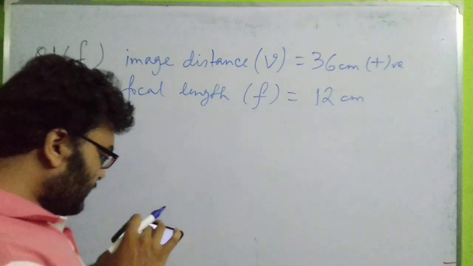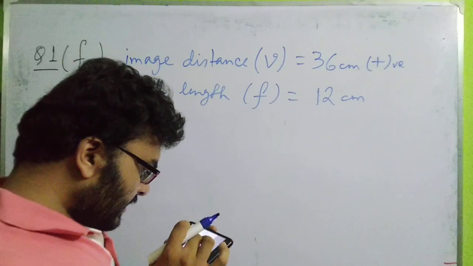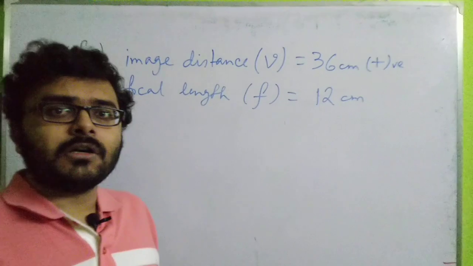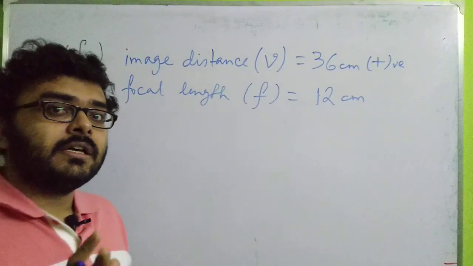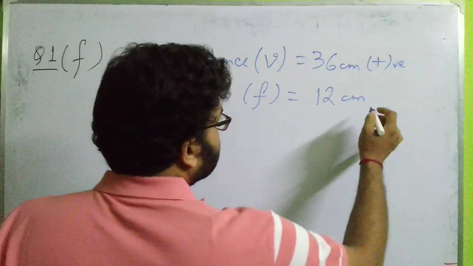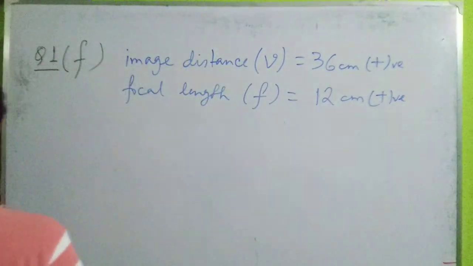As the image is being formed on the right side and it is an inverted image, you can say that real and inverted images are always formed by a convex lens. Convex lenses have a positive focal length. So remember this point: images formed by a convex lens are always real and positive.